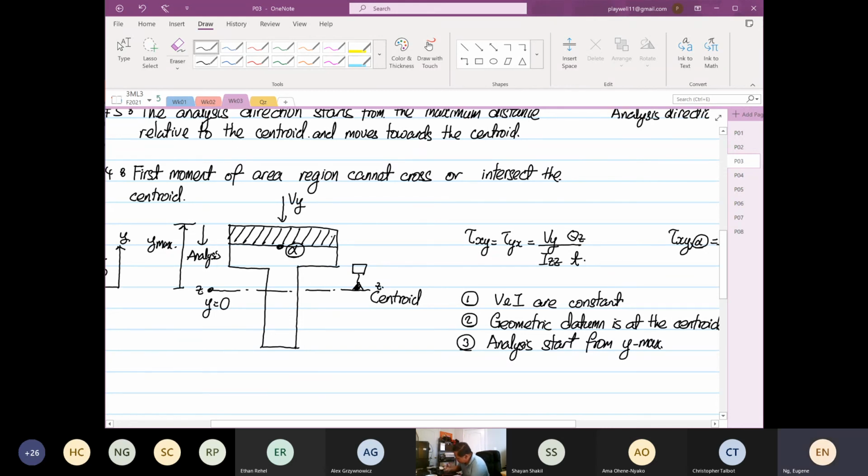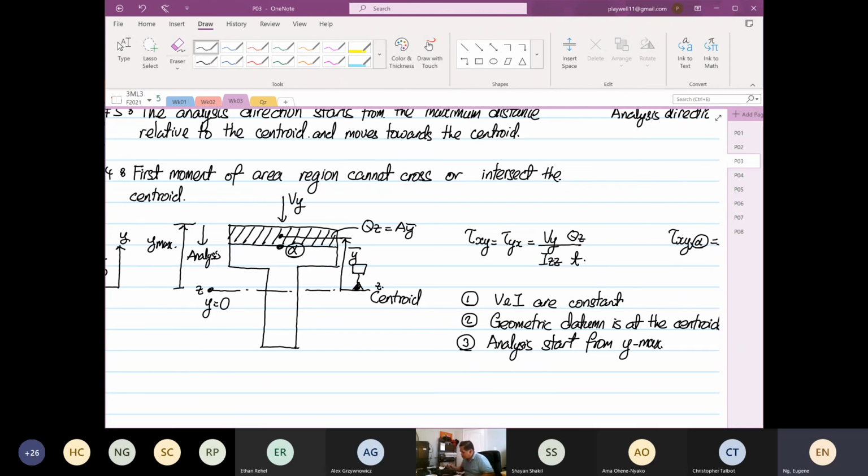This is how you calculate your Qz, which is equal to A y bar, and the distance from here to here is your y bar. So y bar is relative to the cross-sectional area centroid. For this case, we don't need to trigger rule number 4.